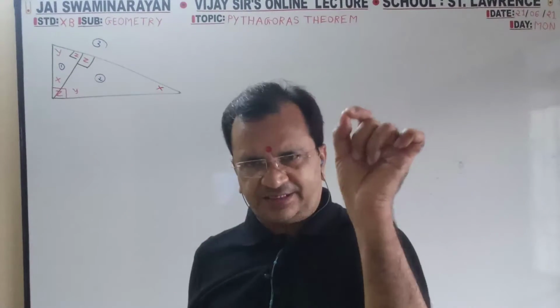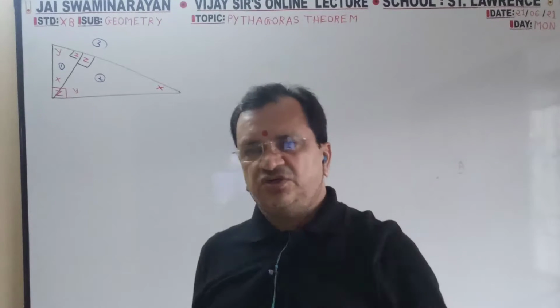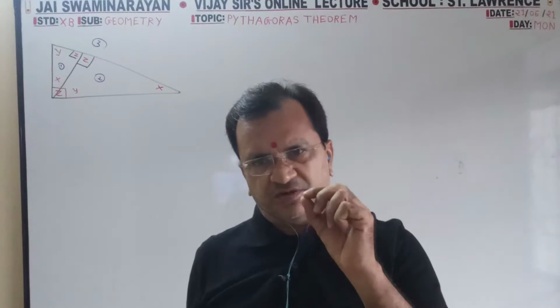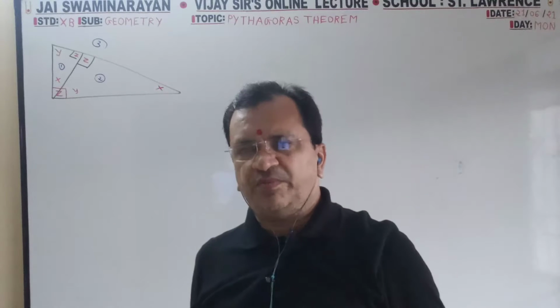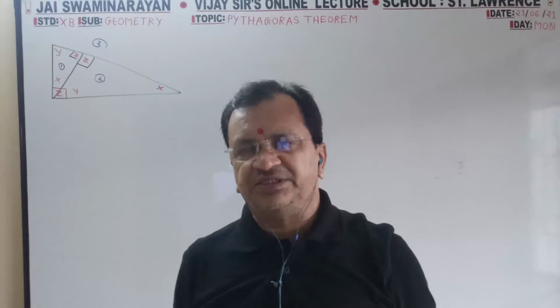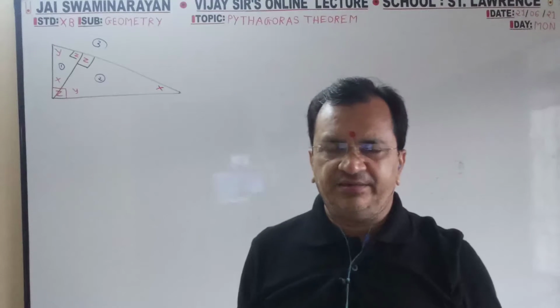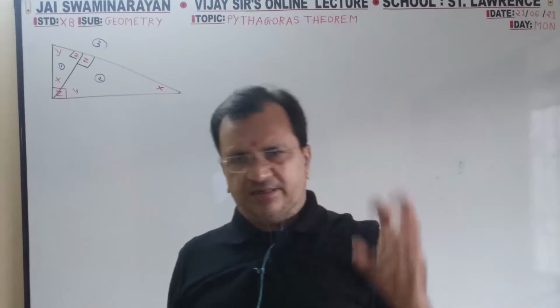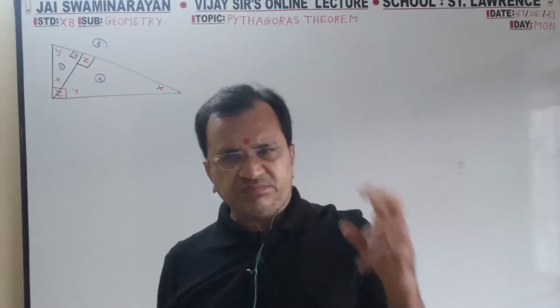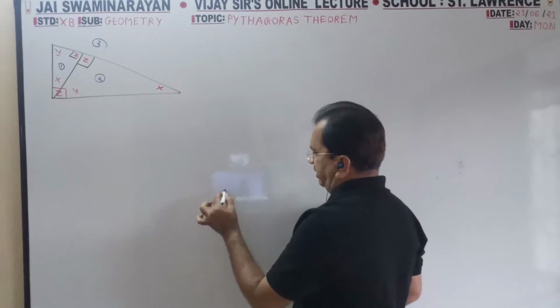In the inner right angle triangle, draw an altitude, meaning a perpendicular from the vertex on the opposite side. So like that you will get three triangles. So all three triangles in increasing order. Again I am explaining.